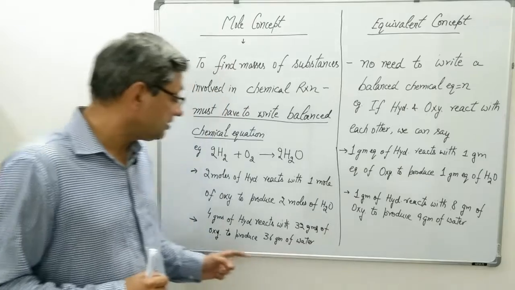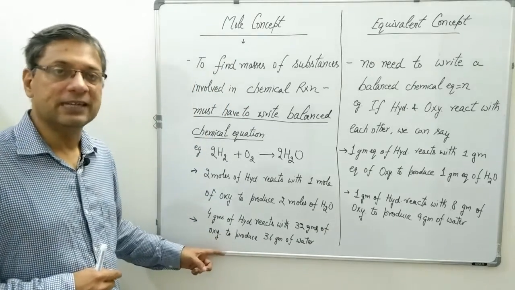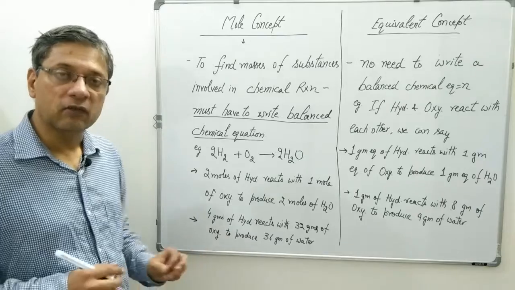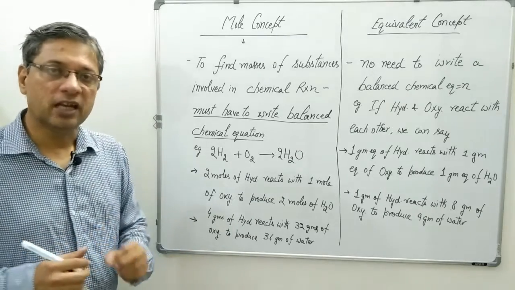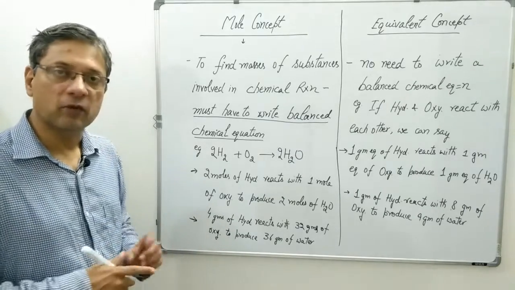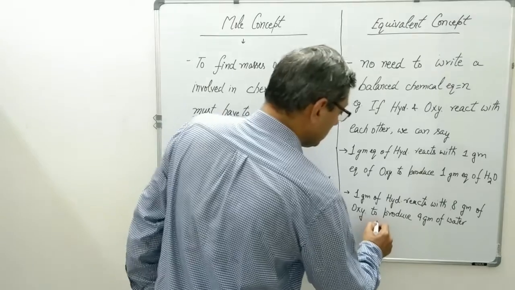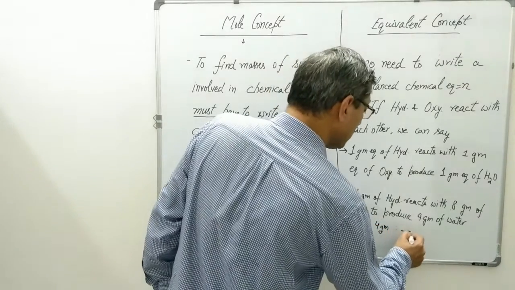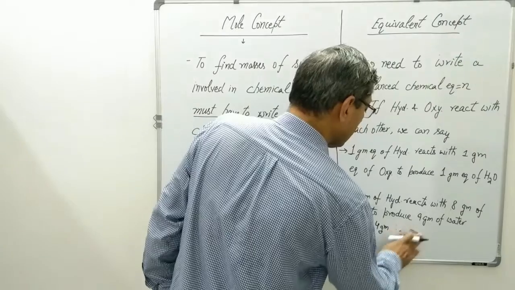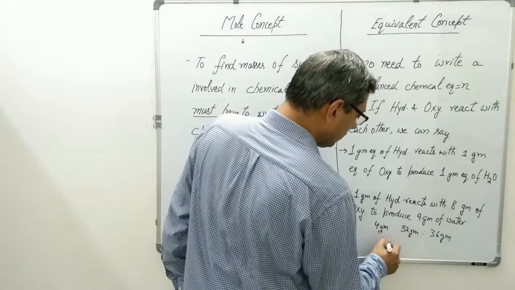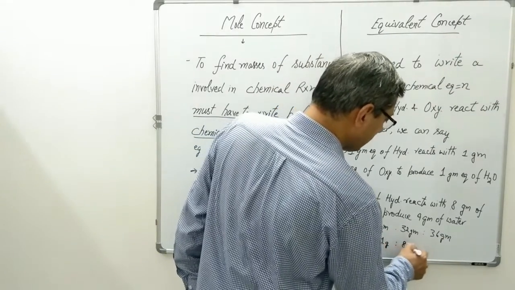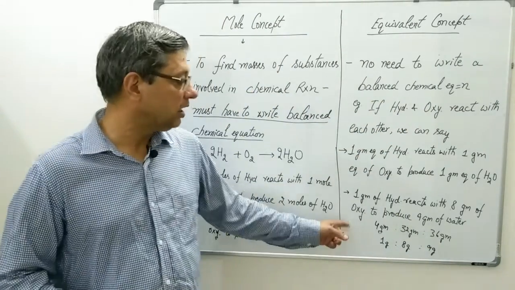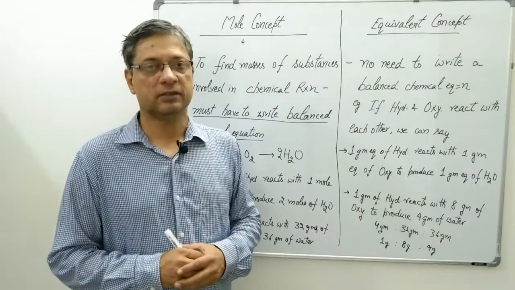If we compare this result with the result obtained from the mole concept, we take the ratio of the masses of hydrogen, oxygen and water that we calculated from mole concept: 4 grams ratio 32 grams ratio 36 grams. Simplifying, we get 1 gram ratio 8 grams ratio 9 grams. The result was similar to the equivalent concept result.